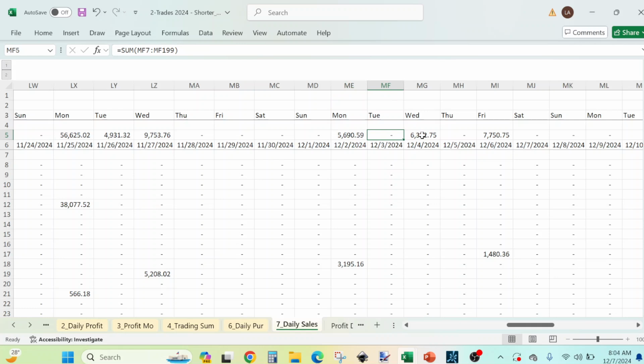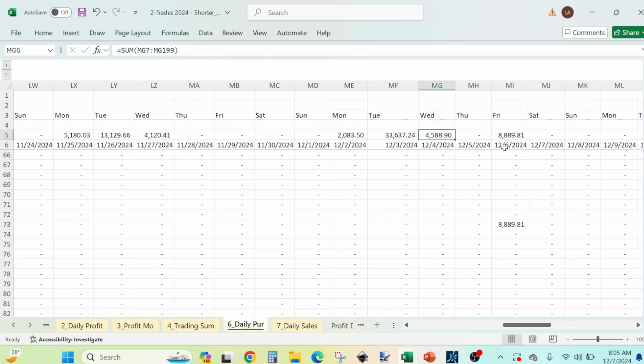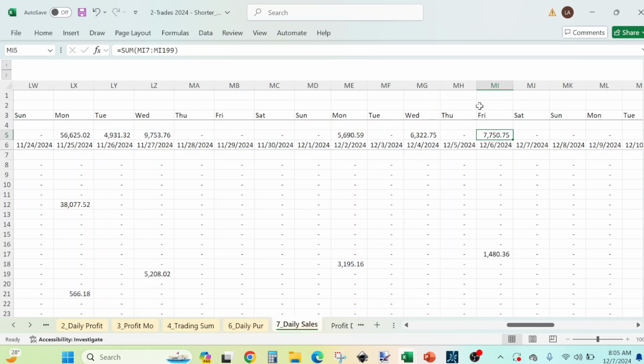Thursday we didn't sell anything, and Friday we sold stock as well. For those stocks that we sold, we take how much we sold minus how much we paid for those stocks that we sold, and that's what gave us the profit for those days.